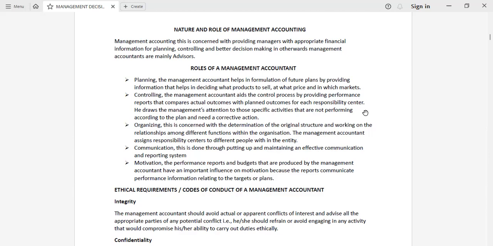One, we have planning. Planning, we are saying that the management accountant helps in formulation of future plans by providing information that helps in deciding what products to sell, at what price, and in which markets.